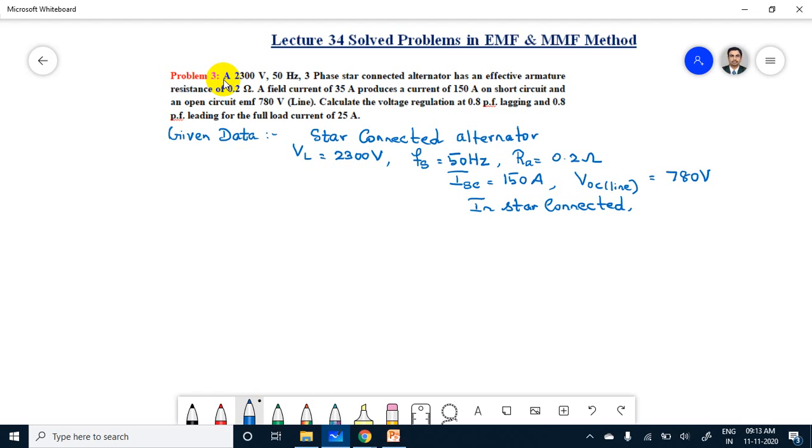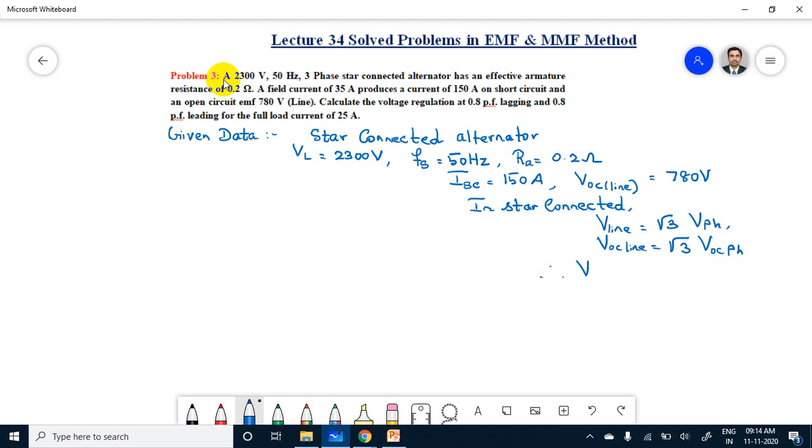What is the star connected formula? Sir, for voltage, VL is equal to root 3 into VPH. Good. V line equal to root 3 into V phase. So VOC line equals root 3 into VOC phase.